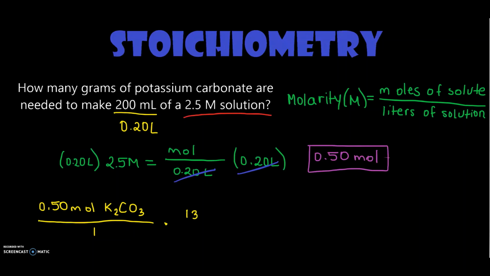So the molar mass of K2CO3 is 138.205 grams of K2CO3 over 1 mole of K2CO3, in which we will be able to cross out the moles of K2CO3 and only be left with grams of K2CO3.